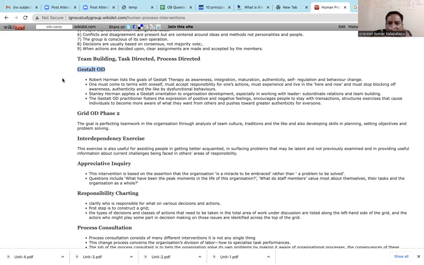You are creating values within a particular human: self-awareness, maturity, authenticity, and regulating their own behavior. It is like making a Buddha-kind of enlightenment for the person we are taking to this intervention.